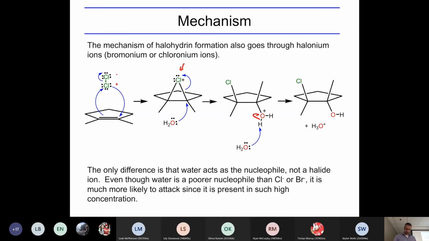There's an arrow missing. There's an arrow that should go like that as well, and you end up with your product over here. Identical mechanism as before, the only difference is we have water as our nucleophile. Cool.